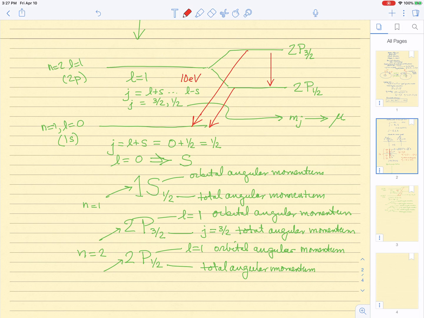The splitting between these levels is on the order of 10 to the negative 5 electron volts. So my scale here is not right. This is a very small splitting, but spectroscopically can still be seen, and that lets you know how good these spectroscopists were at that time.